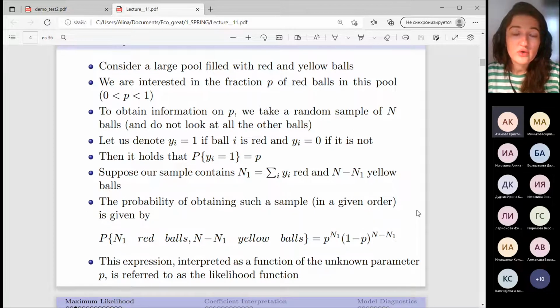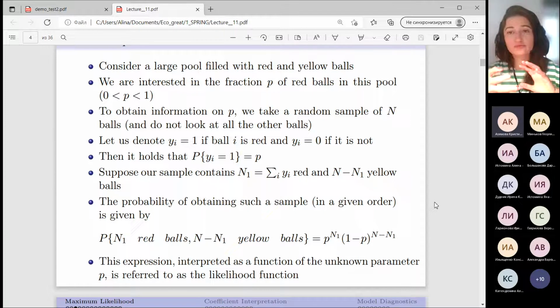Before I show you how we can apply the maximum likelihood method to the logit or probit model, let's start with the most simple example. Of course, the maximum likelihood method comes from probability and statistics theory. It's a widely applied method even in machine learning.